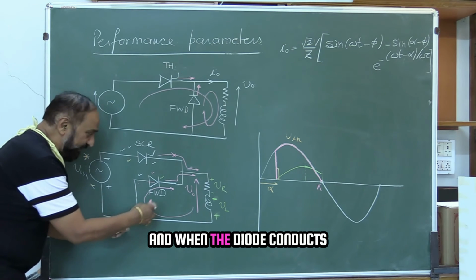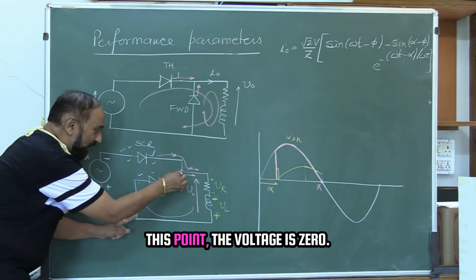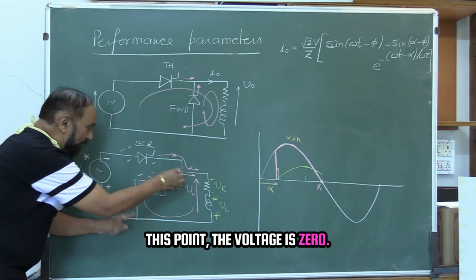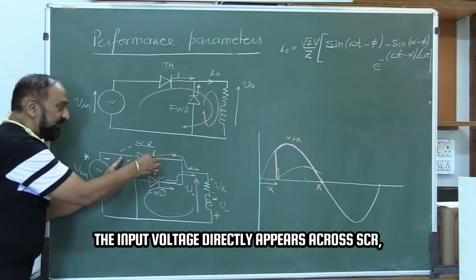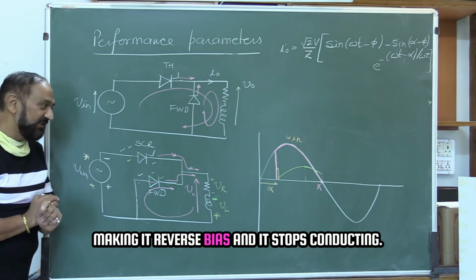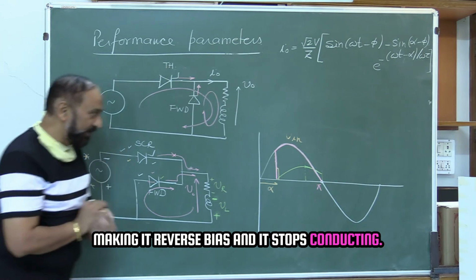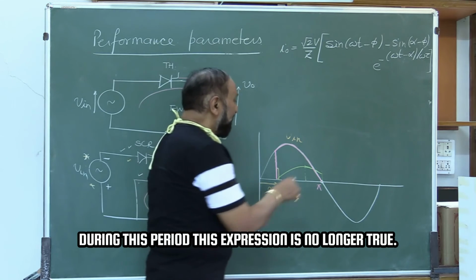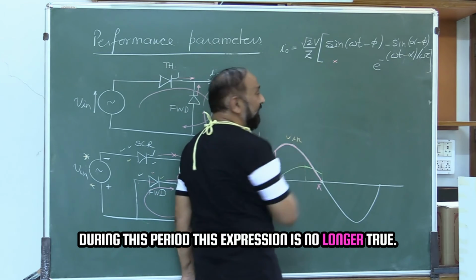And when the diode conducts, at this point the voltage is 0. The input voltage directly appears across SCR, making it reverse bias, and it stops conducting. During this period, this expression is no longer true.